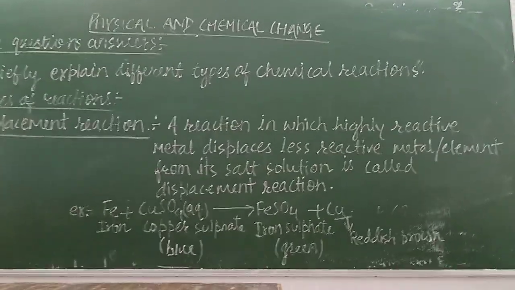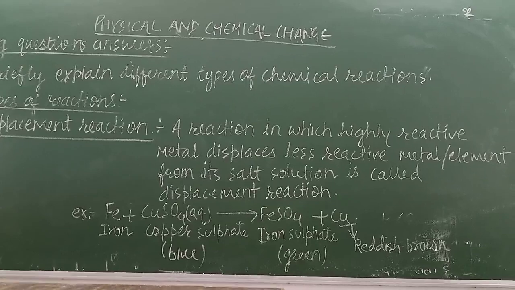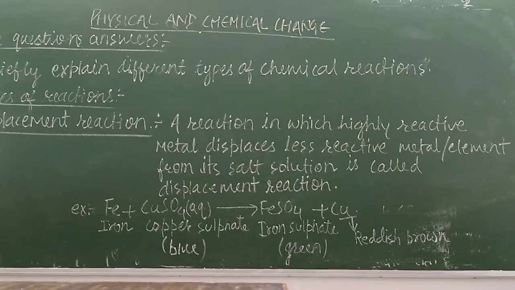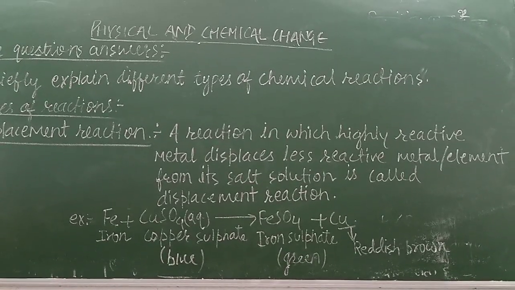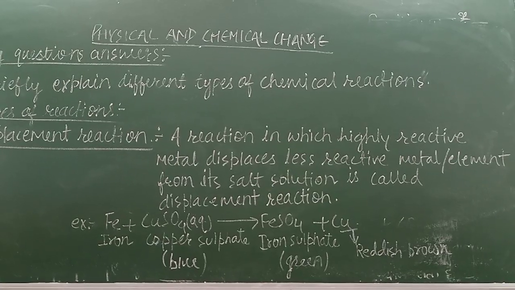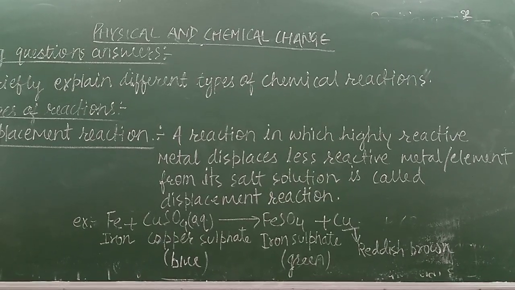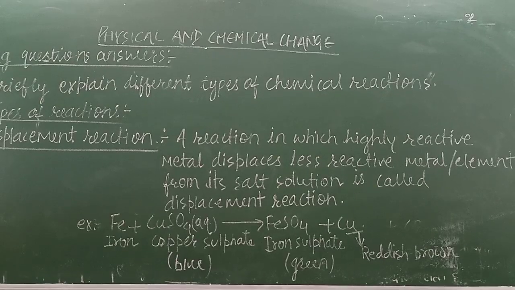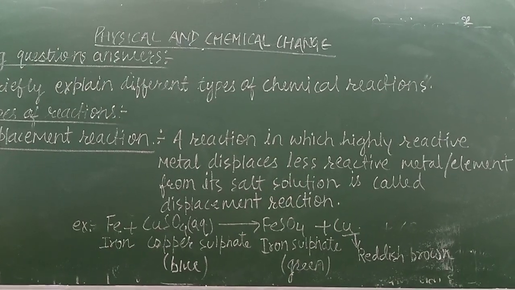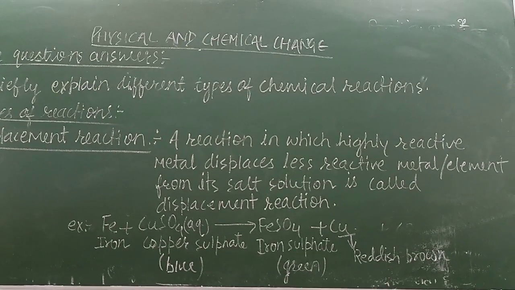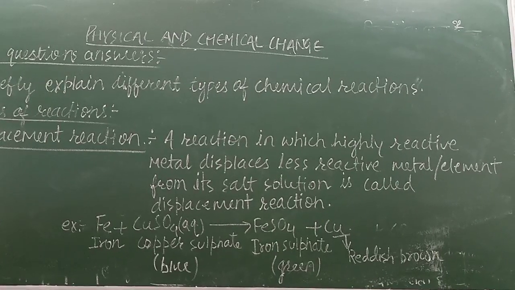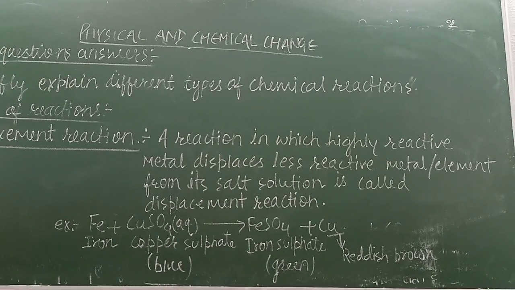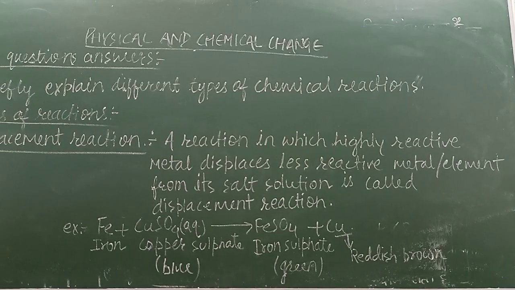Example, when an iron nail is kept in aqueous solution of copper sulfate, and the color of copper sulfate is blue. So when the iron nail is dipped in aqueous solution of copper sulfate, then we get green color iron sulfate and a reddish brown coating of copper deposited over the iron nail.